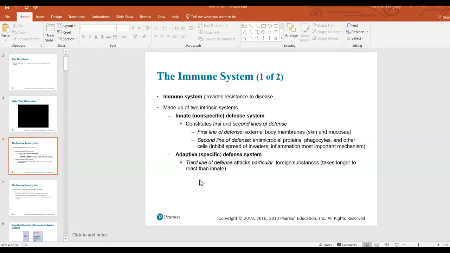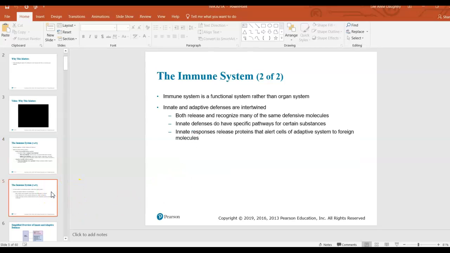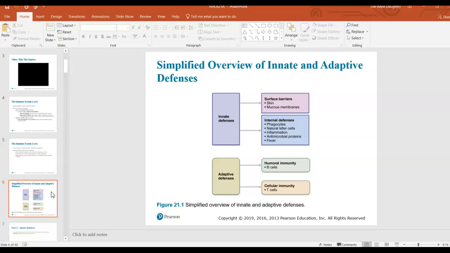So we have cells that specifically will attack the Streptococcus bacterium that causes strep throat, or the Staphylococcus bacterium that causes skin staph infections, or MRSA. It's against specific pathogens. Each immune cell has a specific pathogen that it will attack. Let's move on. So that's the differences between the innate and the adaptive defenses.